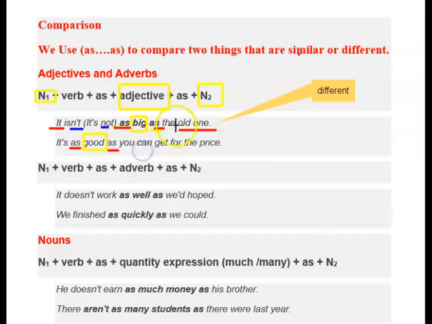Okay, now here in this sentence, on the other hand, it is affirmative. Okay, and because it is affirmative, I'm sorry, the two nouns, they are similar. Okay, so affirmative meaning similar or the same, negative meaning they are different. Okay, and when I say it is not as big as the old one, which is bigger? The old one is bigger. Here means the old one is bigger.